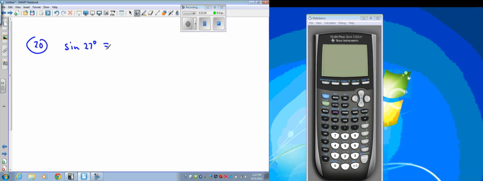Well, what's the cofunction of sine? Cosine. It's the cosine of 90 degrees minus the 27 degrees, which is equal to the cosine of, what, 63?